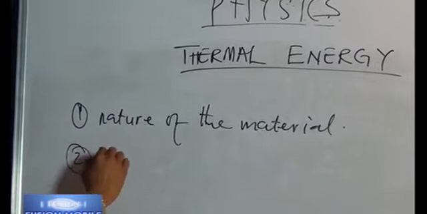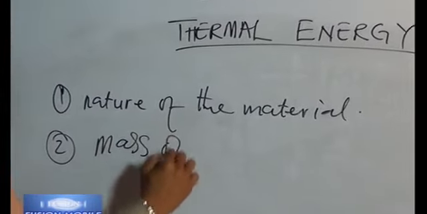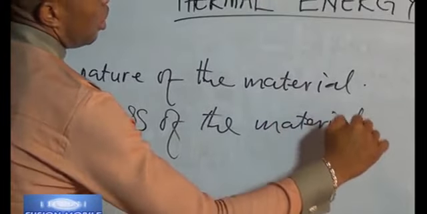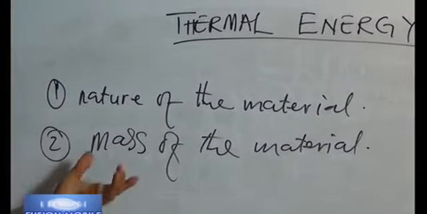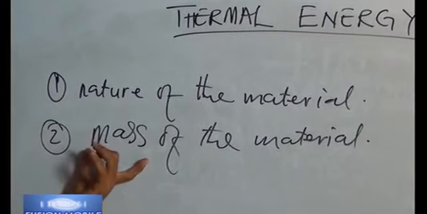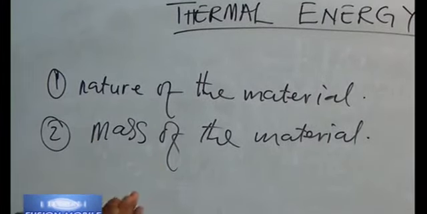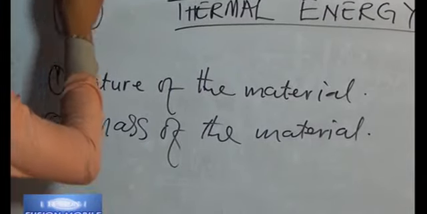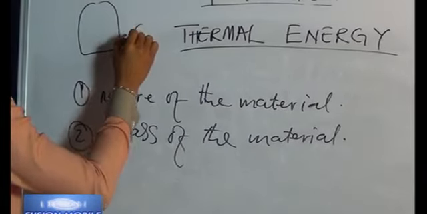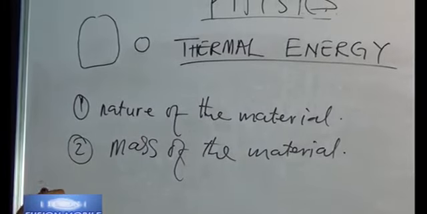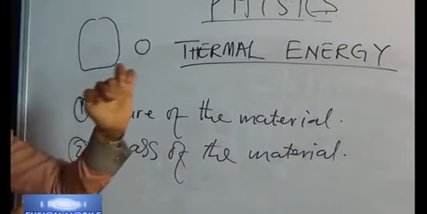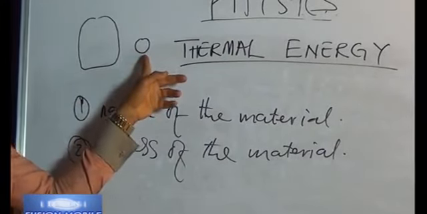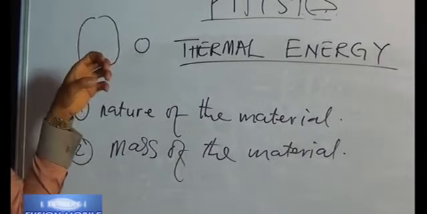Secondly, heat depends on mass of the material. People may not know, but it's true. Heat depends on mass of the material. If I have something that is as big as this, and I have another one that is as small as this, and I place the same two of them on the same fire, you notice that this one will be hot and turn red, while this one is still acquiring heat.